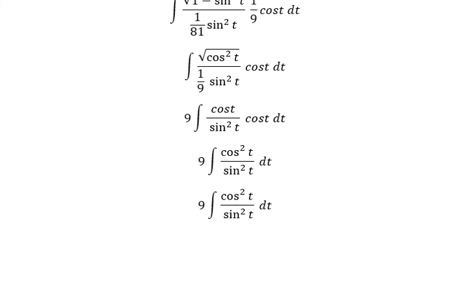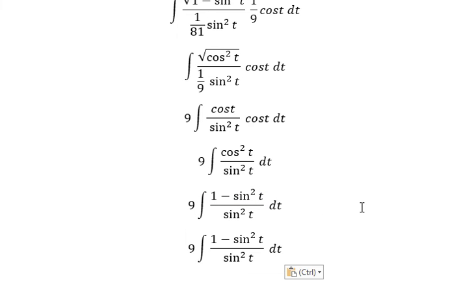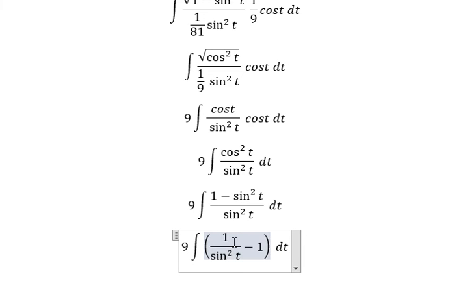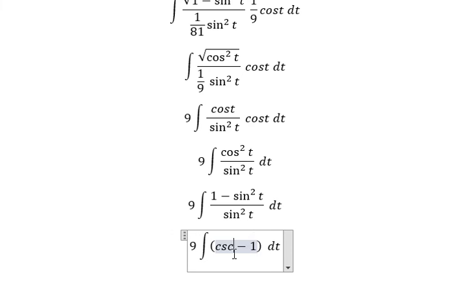And we know that cosine t squared is 1 minus sine t squared. 1 divided by sine t squared, divided by sine t squared. So we have 1 over sine t squared minus 1. And this one you get cosecant of t squared.